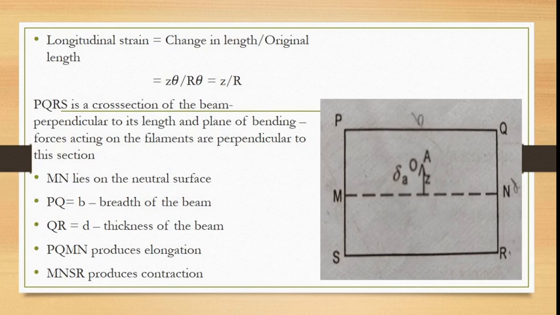And we are considering a small area around that point A, and that small area is represented by delta A. So we are considering a small area delta A at the point capital A at a distance Z from the neutral surface. And we had already calculated the expression for strain, isn't it? The strain of the filaments passing through this area. The strain is Z by R.